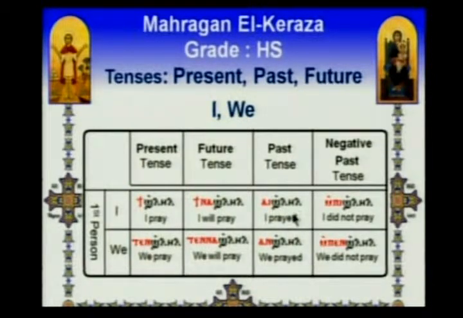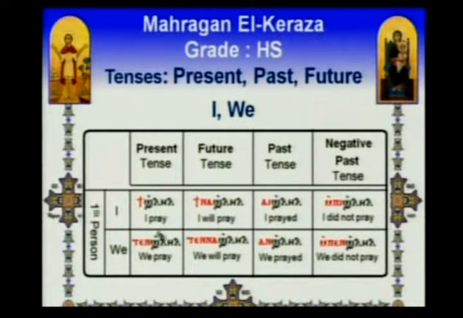I eshlil for the past tense, but the negative past is not I eshlil on like others, but there's a new form which is mp eshlil. And that's why we have this column for negative past tense. But as I said, for present tense and future tense, the negative is done very simply by adding on at the end of this word.